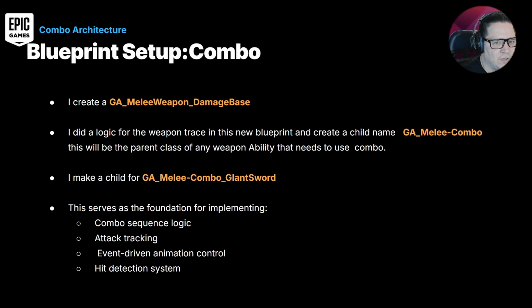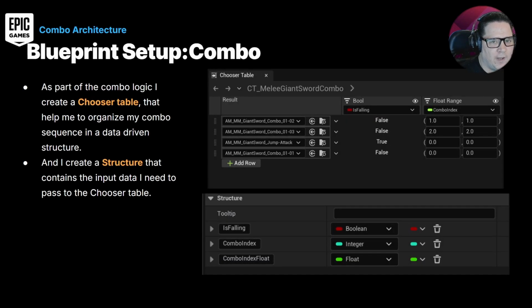This serves as a foundation for the implementation of combo sequence logic, attack tracking, event-driven animation control, and hit detection systems. On top of this, I create something else in the blueprints using some technology that we have in 5.5 and forward, that is a chooser table. Instead of using logic in a function to detect which combo to play depending on the values, I use a chooser table for that.